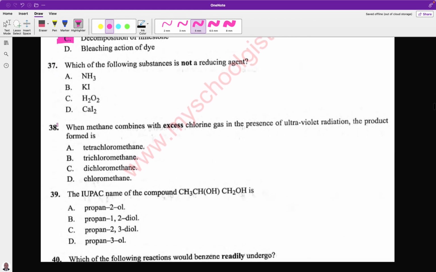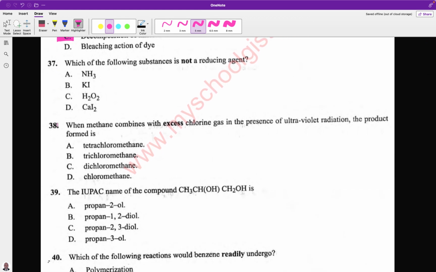37. Which of the following substances is not a reducing agent? It should be noted that we have ammonia there, potassium iodide there, hydrogen peroxide there, and calcium iodide there.